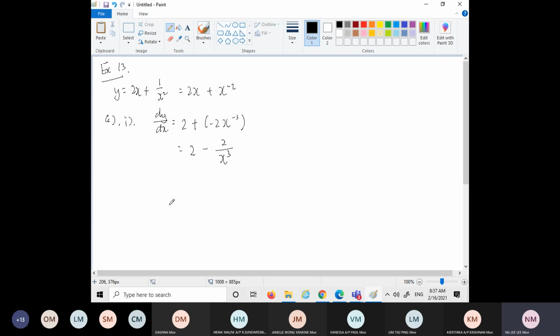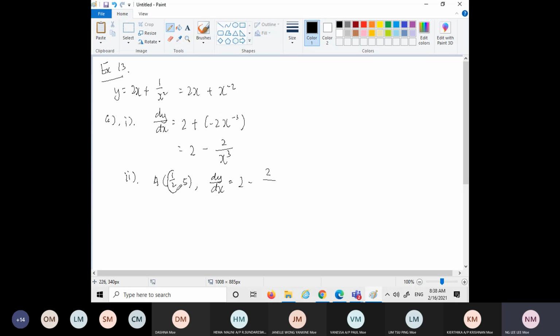This is part 1. Now for part 2, the gradient of the tangent to the curve at point A, B, and C. Find dy/dx at point A, point B, and point C. For point A, it is (1/2, 5). The dy/dx is 2 minus 2 over x cubed, and x now is 1/2.